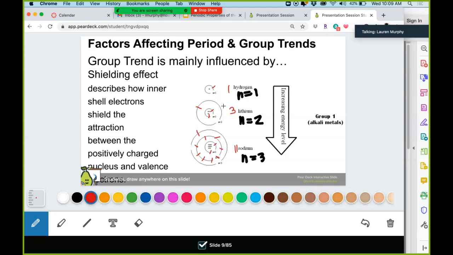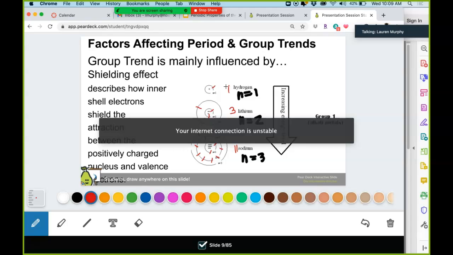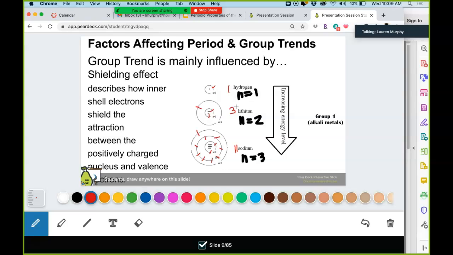Okay, and so now we're going down. This is our alkali metal family. Obviously, I know hydrogen's not an alkali metal, but it's in the same family because they have the same number of valence electrons. So hydrogen, we say, okay, 1 proton, valence shell is 1 electron. And then we go down and down and down.